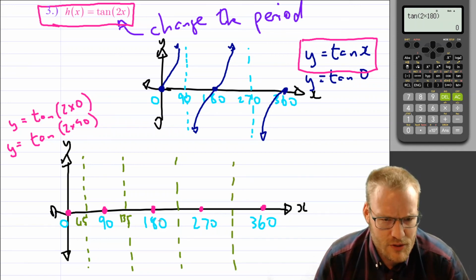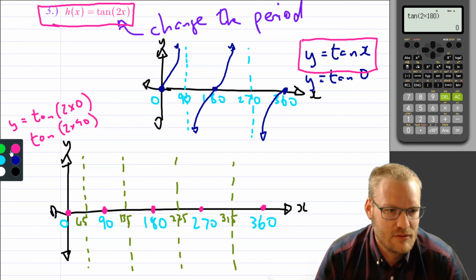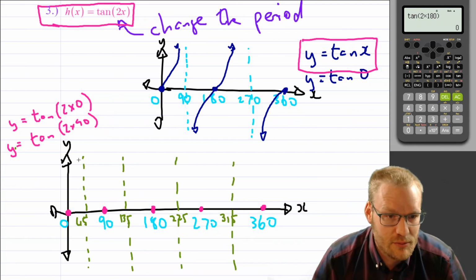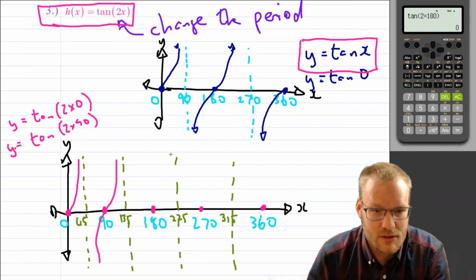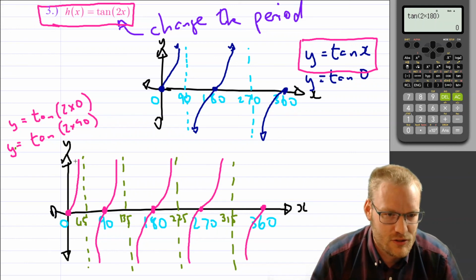This happens every 45: asymptote, 45, x-intercept, 45, 45, so 225 plus 45, 315, and then our shape is the same, it's just been squished up a bit. Same shape. And let's put these arrows to show we're carrying on forever and ever.